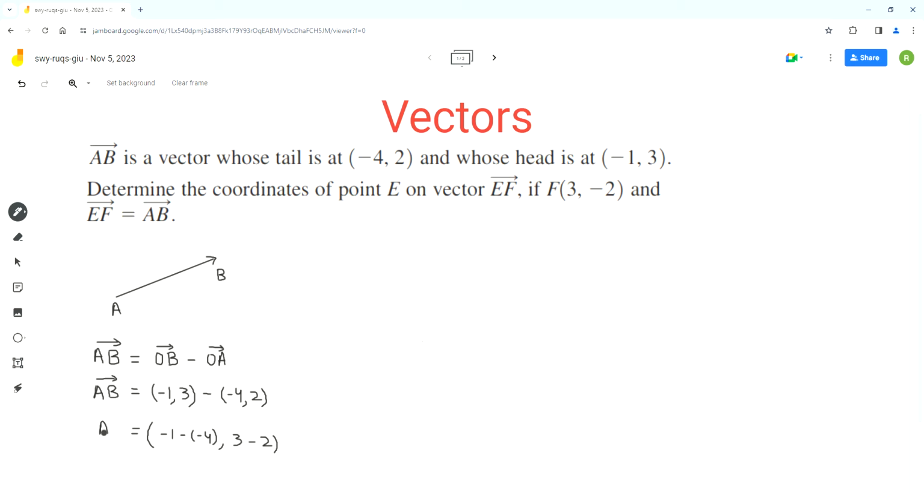And now we can simplify. So we get vector AB is, -1 minus -4 is equal to +3, and then 3 minus 2 is 1. So this is vector AB: (3, 1).